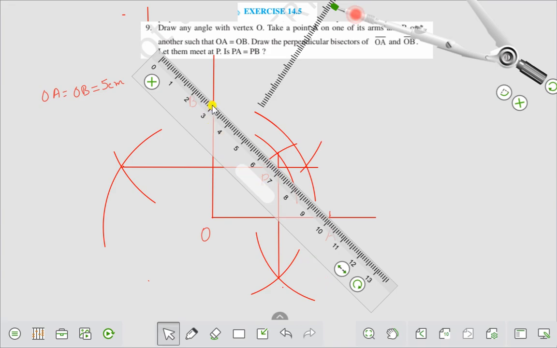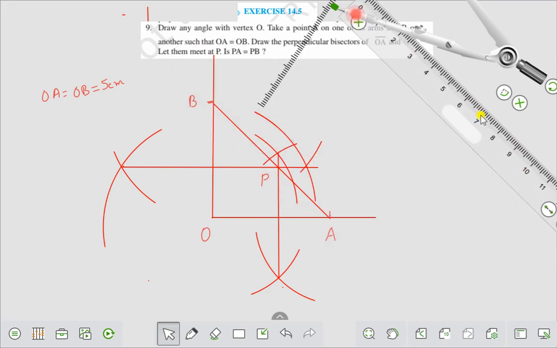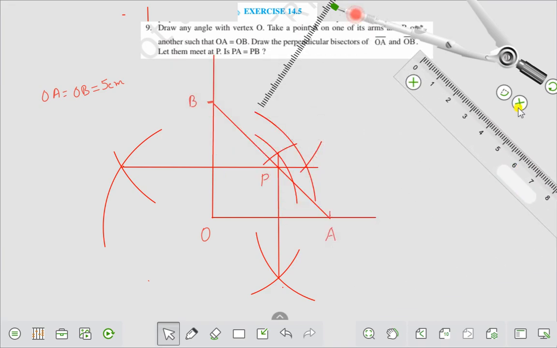Right? Here you are getting the result. Now you see, let them meet at P, they meet at P, and is PA equal to PB?